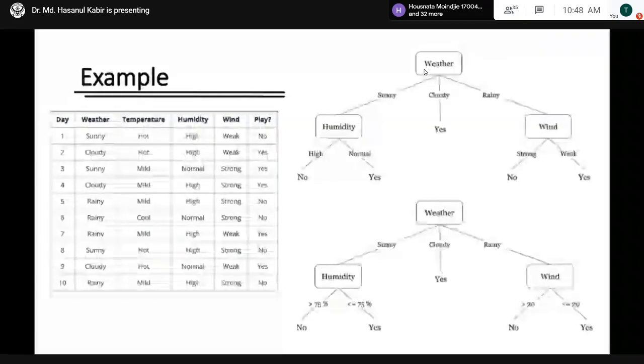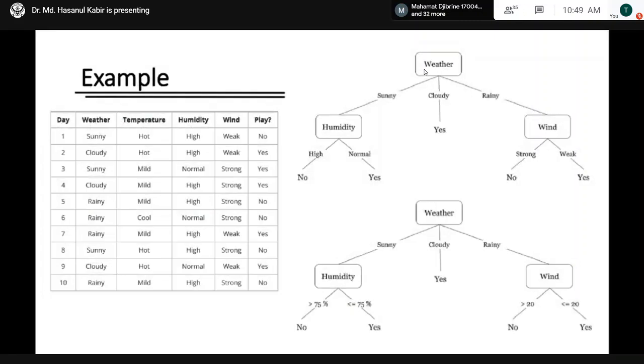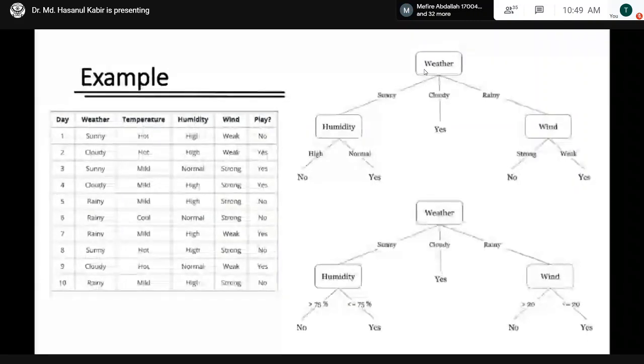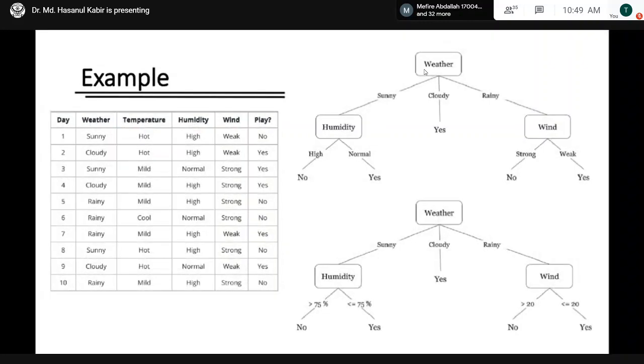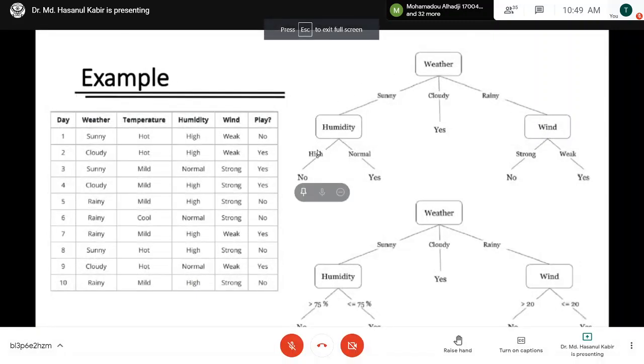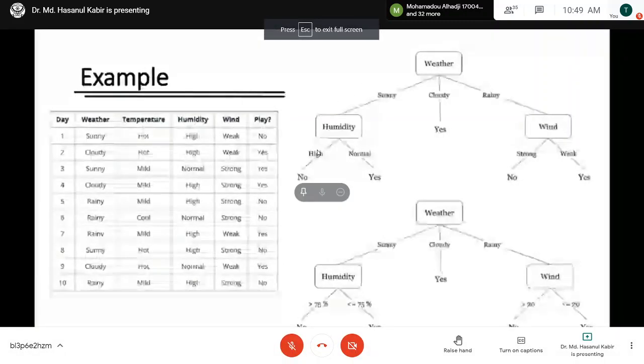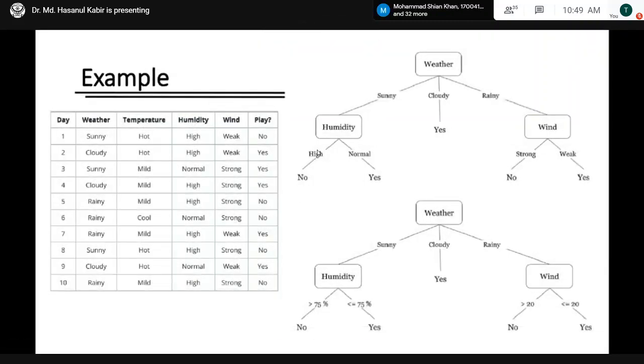So if I look at it this way, the number of samples in j equal to high, that value will be equal to what? 3, yes or no? Yes, sir. And the number of samples taking the branch normal, that means in j equal to normal, that will be equal to 1. Yes or no? Yes, sir.